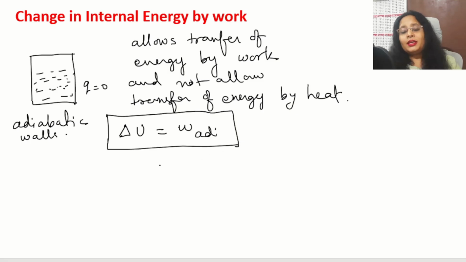In the same condition, instead of mechanical work, we can do electrical work also to change the temperature. If we put an immersion rod in this container, the temperature inside will rise again. It means the state of the system changes, and so the internal energy also changes.